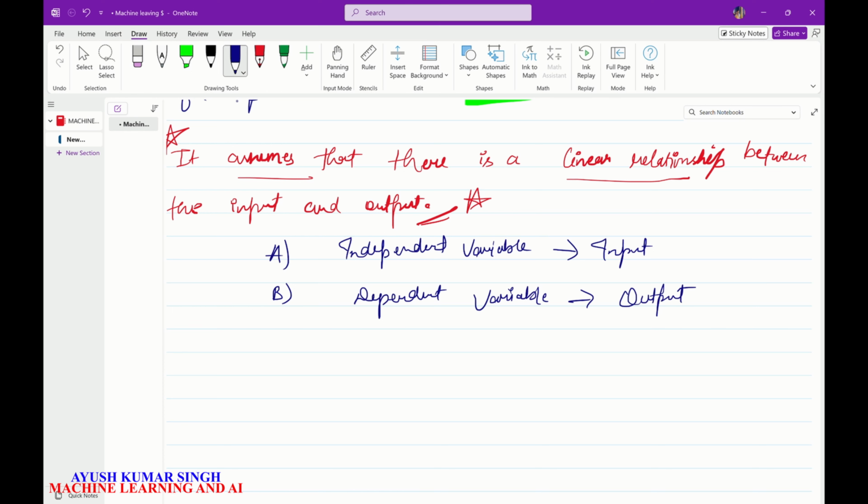Now let's know what these two terms are if you don't know them individually. First we'll look at what the independent variables are. I'll be writing it as IV, in short form.